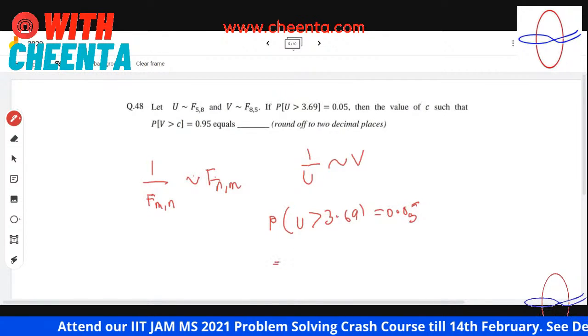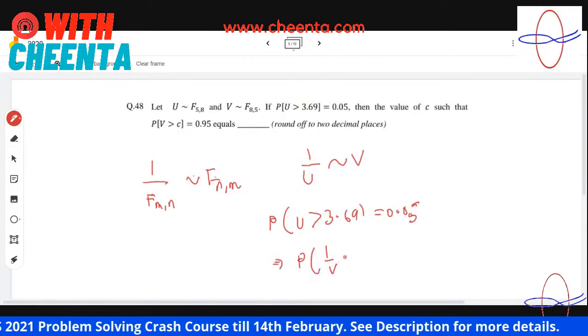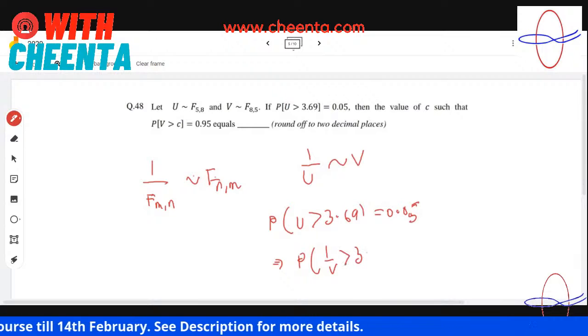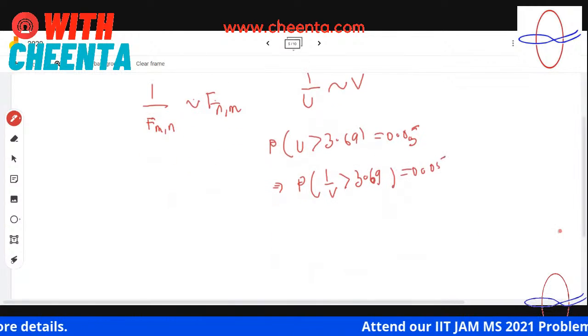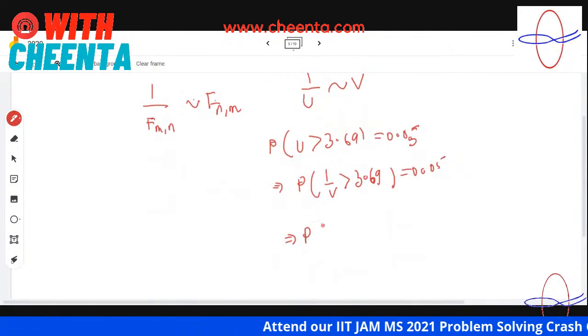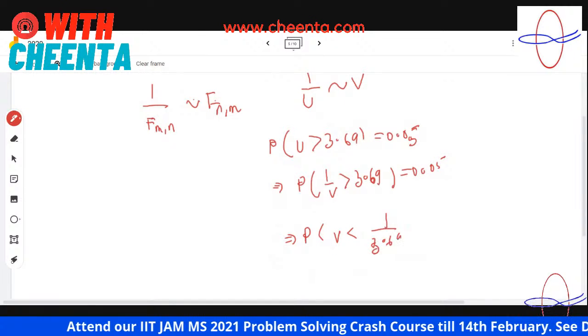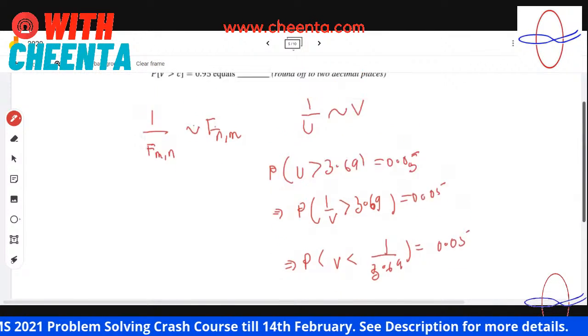Okay, we can use this as probability 1 by V greater than 3.69 is 0.05. So also what you get, probability V less than 1 by 3.69 is 0.05.